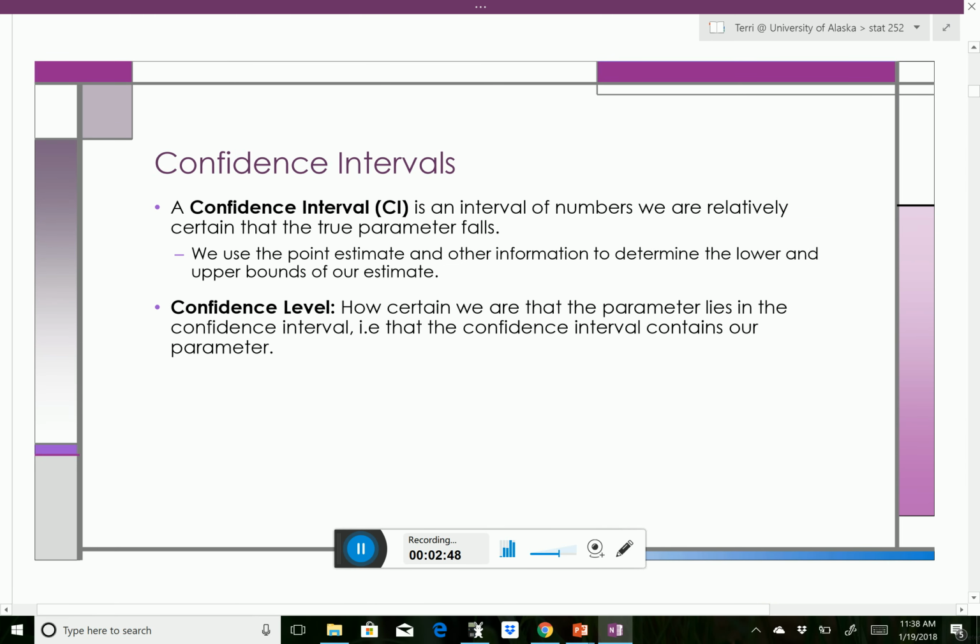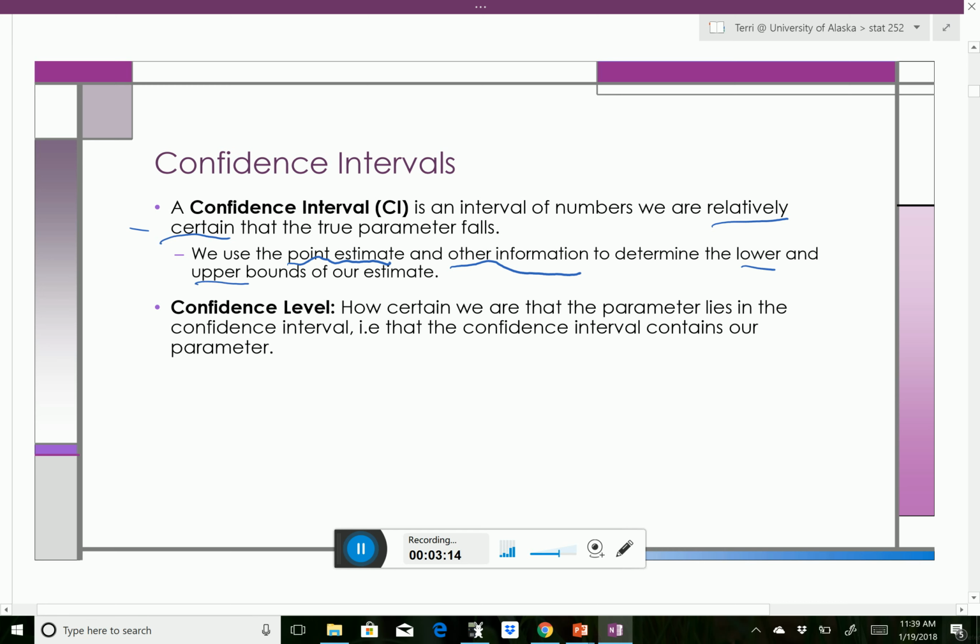Okay, so let's talk about what a confidence interval is. A confidence interval is an interval of numbers that we're relatively certain, we'll talk about what that means, relatively certain, that sounds really vague, but we'll actually give it numbers, that the true parameter falls. So we use the point estimate to find these, and we use other information to determine the lower and upper bounds.